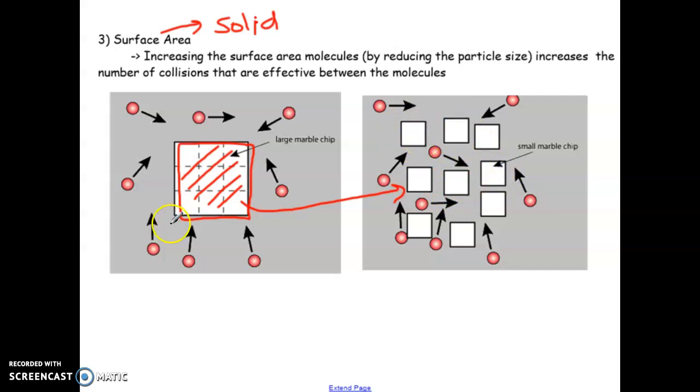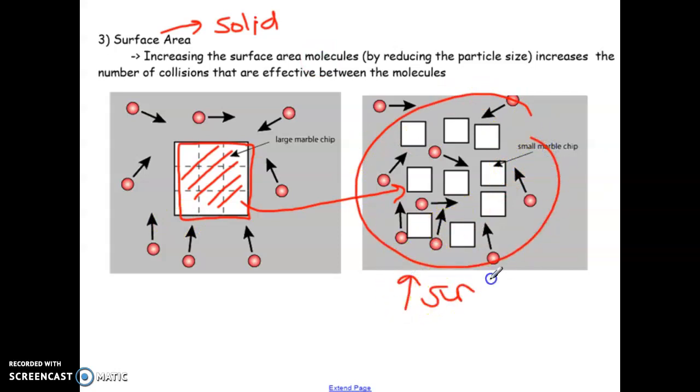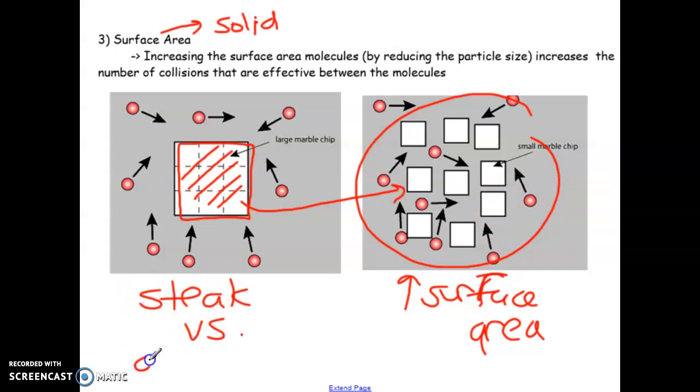So what we're calling this term is an increase to the surface area of our marble. Meaning the amount of exposed surface has gone up because we're able to go in around each piece of marble. Okay, so I compare this to, let's say you were cooking a steak versus ground beef.